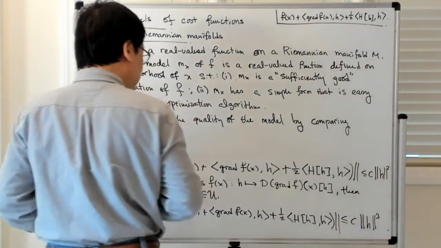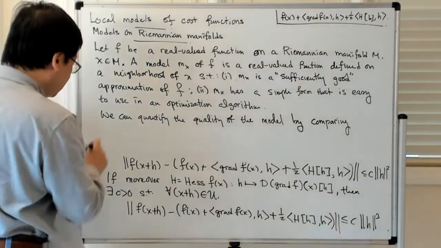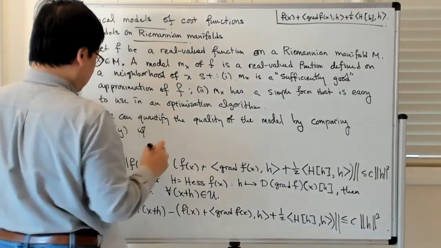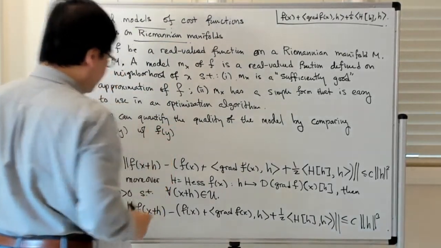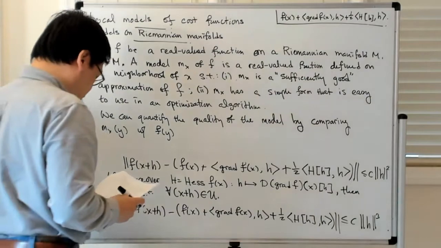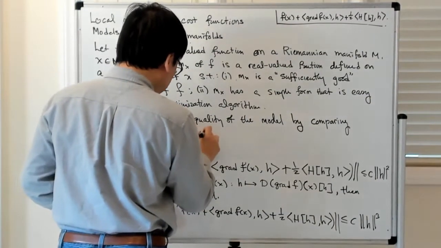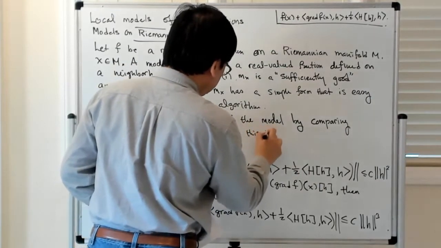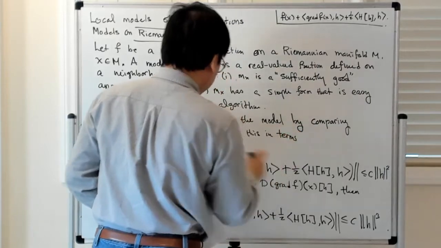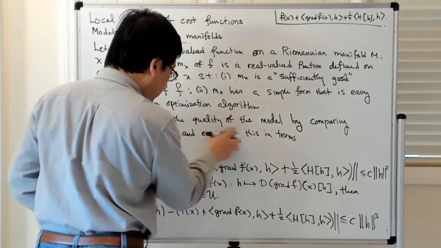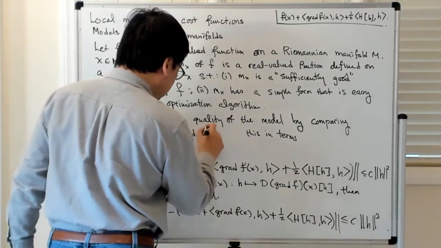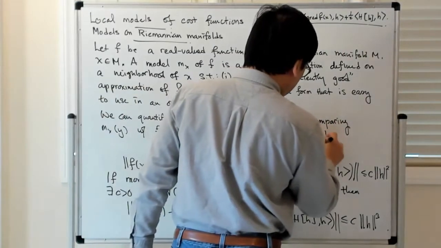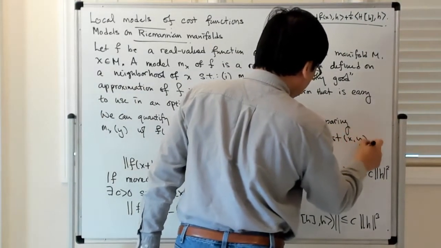So what I'm doing is quantifying the quality of the model by comparing m_x evaluated at y with f evaluated at y, and expressing this, or maybe better, bounding this, in terms of the Riemannian distance between x and y.